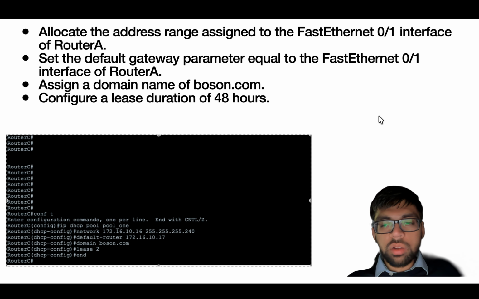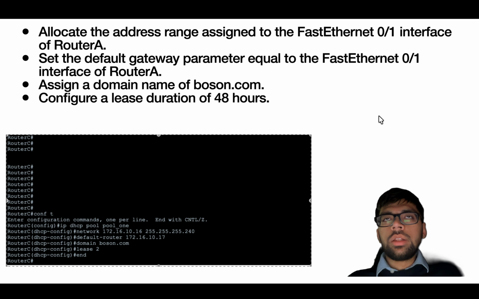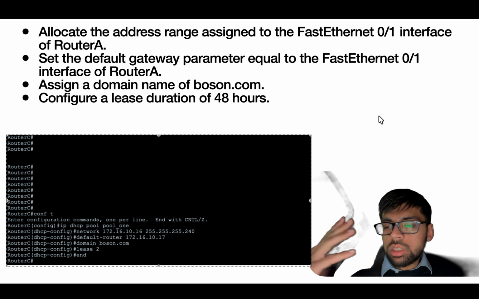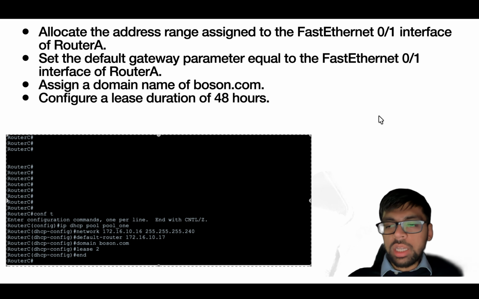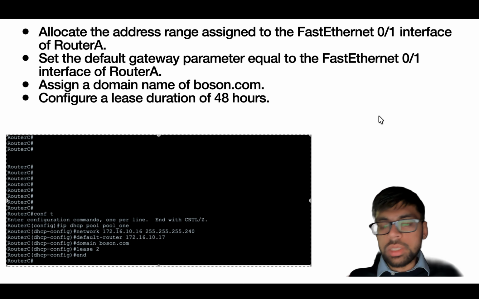We don't want to configure 48. 48 hours is 2 days. If you had 48 hours or 72 hours, you would configure that in days, so you would enter 2 or 3, depending on how many days that becomes.